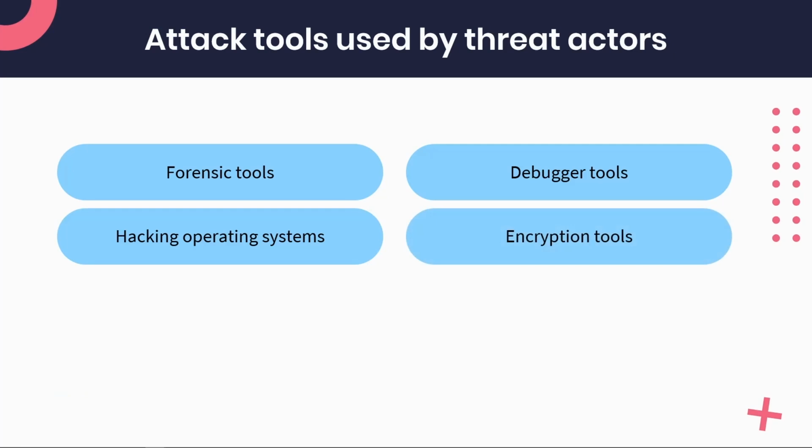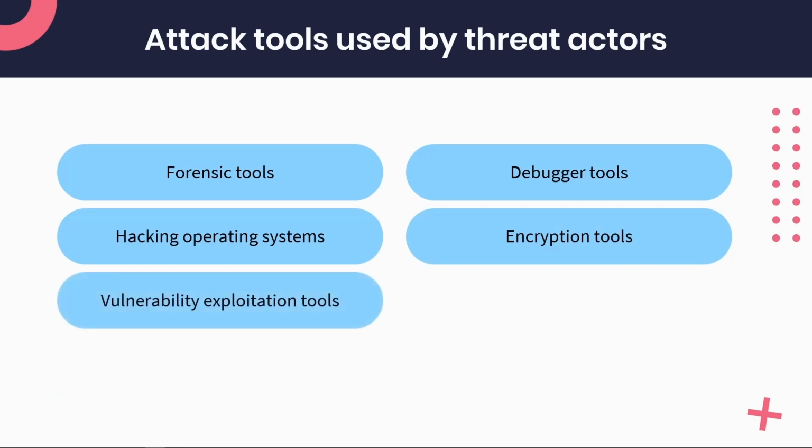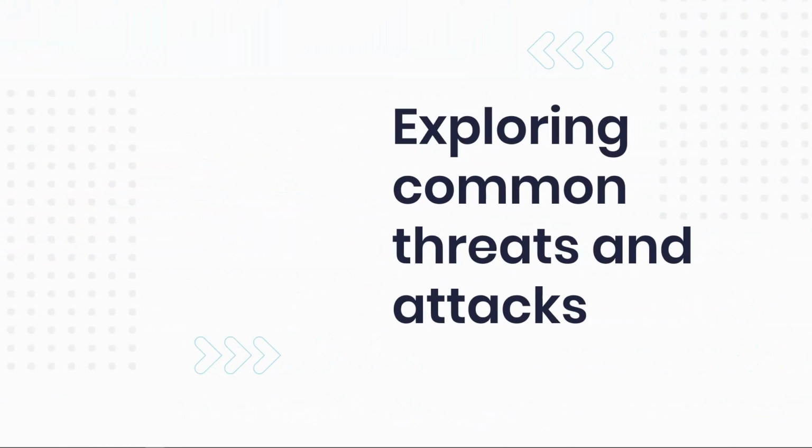Encryption tools use algorithm structures to encode or decode data to prevent unauthorized users from gaining access to encrypted data. Vulnerability exploitation tools help to determine if a remote host is vulnerable to a security attack while connected on a network. And then vulnerability scanners scan a network or system to identify open ports.